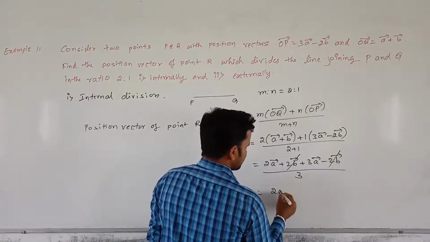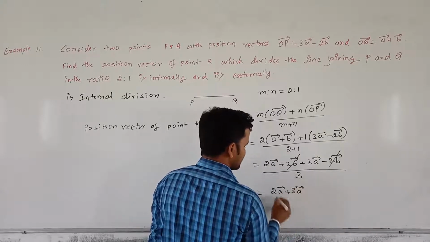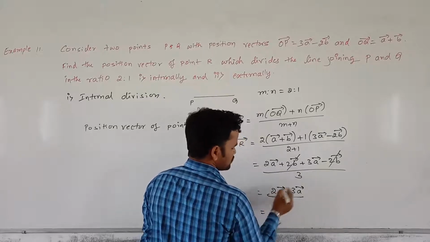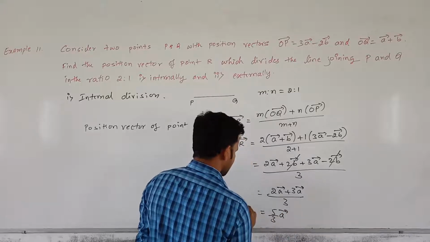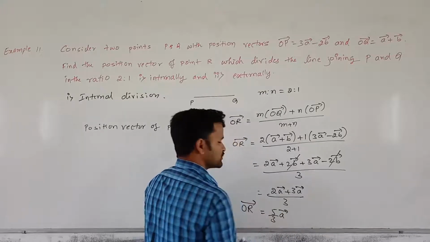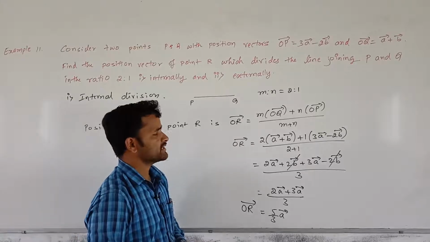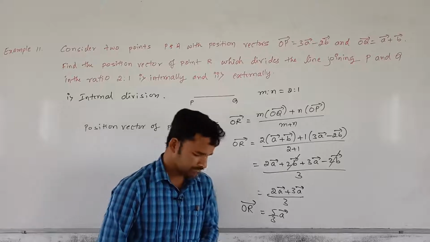This is 2A plus 3A divided by 3. How much is this? 2 plus 3 is 5. 5 by 3 into vector A. This is the position vector of the point R which is dividing PQ internally in the ratio 2:1.